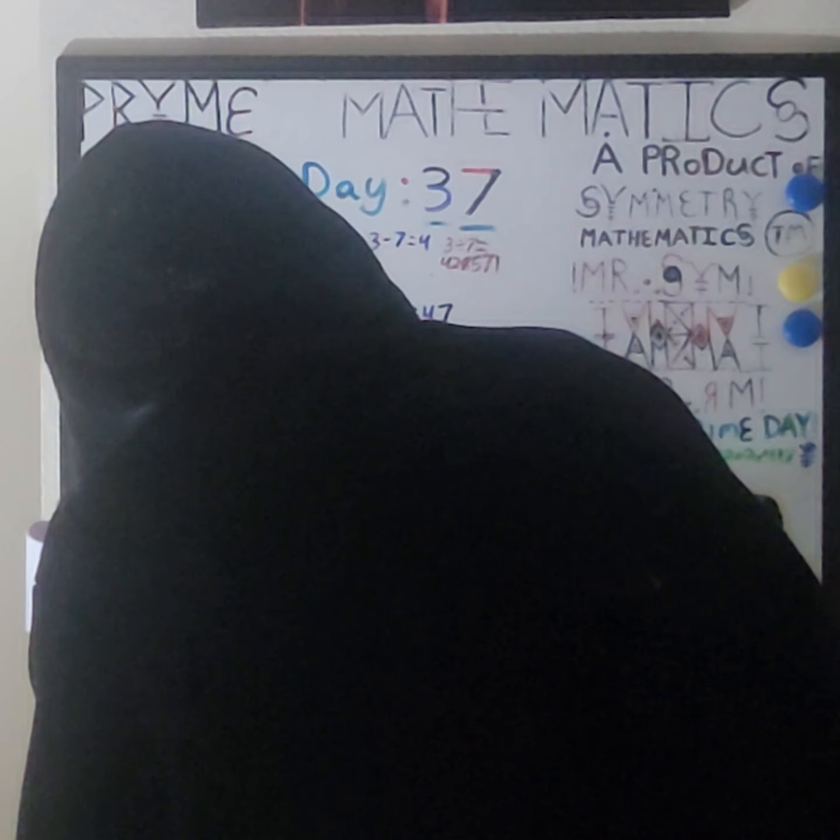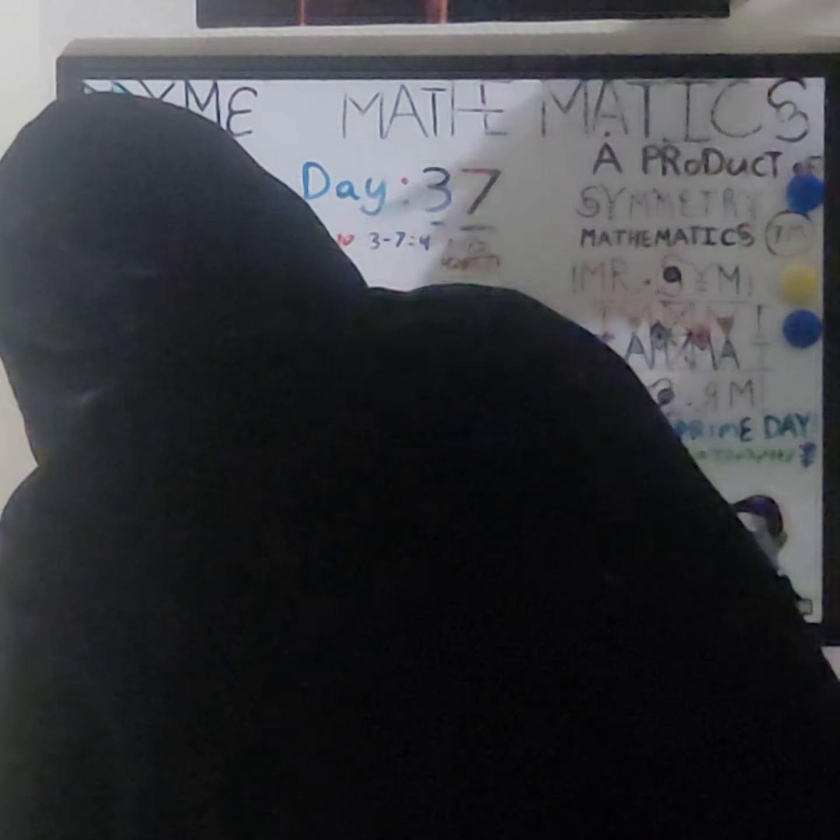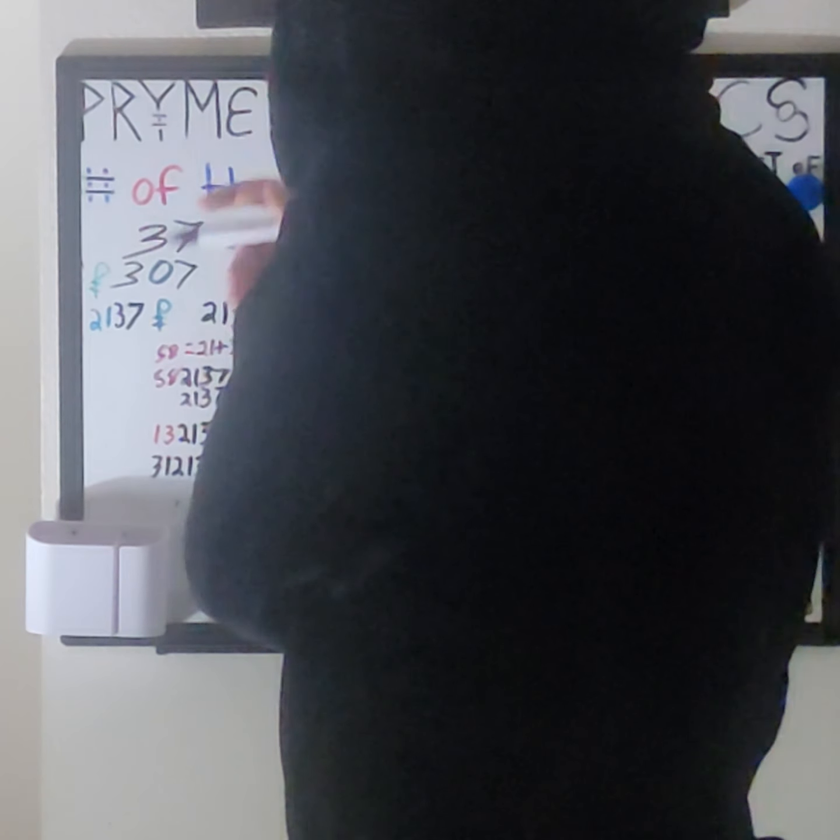No, I'm starting from up here, my bad. 21 minus, let's see, 37 minus 21 is 16. So you've got 6, 6.